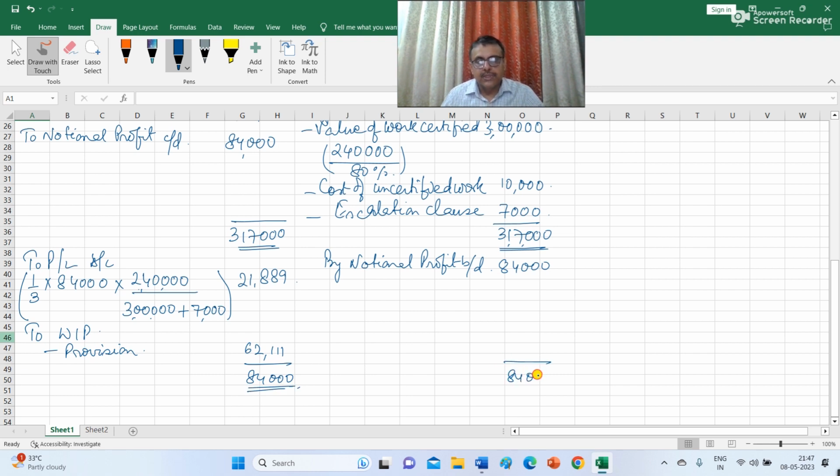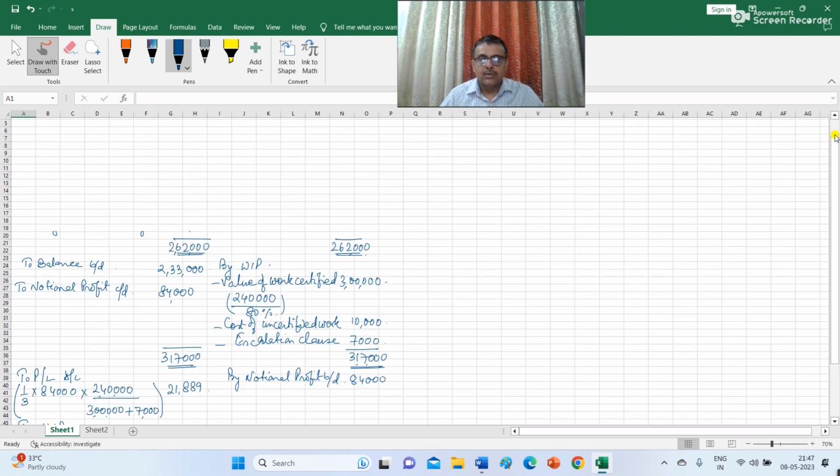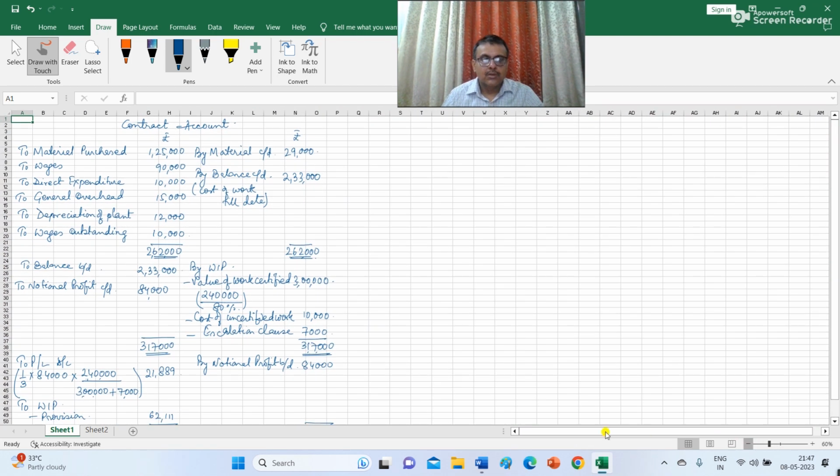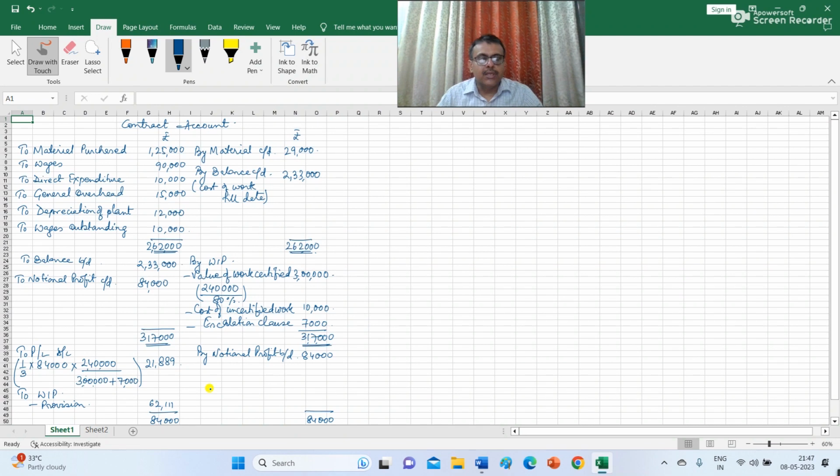So this is the contract account. So you can see the contract account in one screen. And now I have to record the balancing figure just below the contract account.